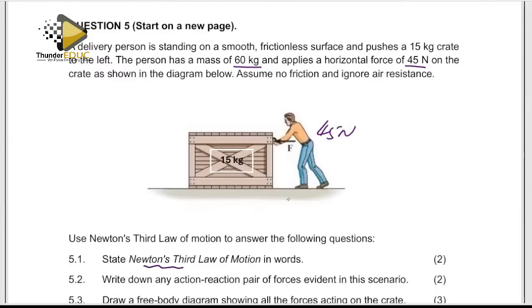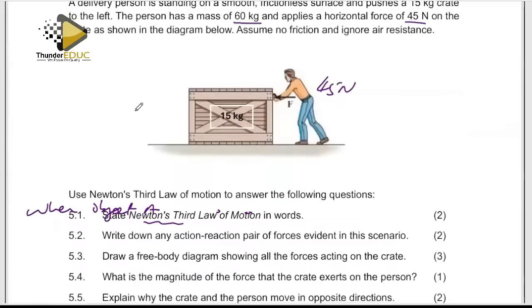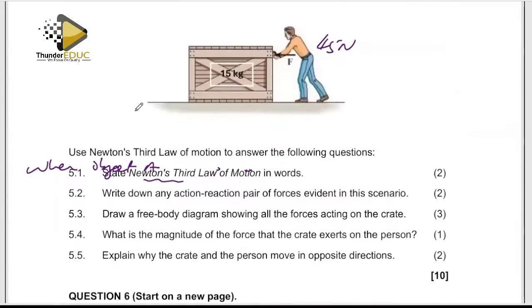So we know that when object A exerts a force on object B, B simultaneously exerts an oppositely directed force of equal magnitude on A. So when A exerts a force on B, B must simultaneously also react with the same force, but in just the opposite direction.